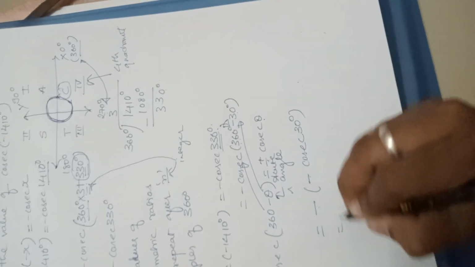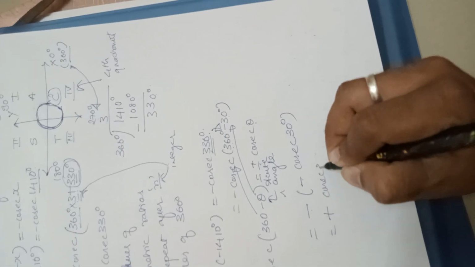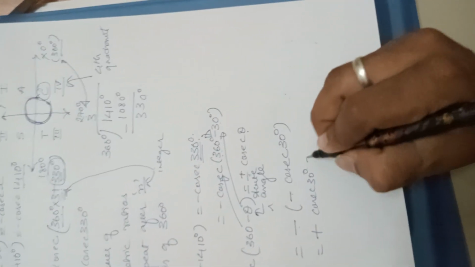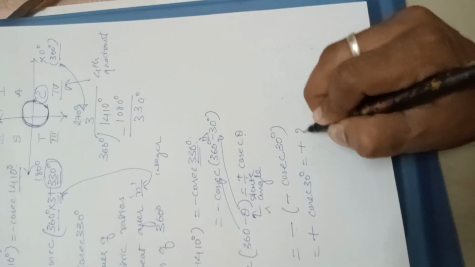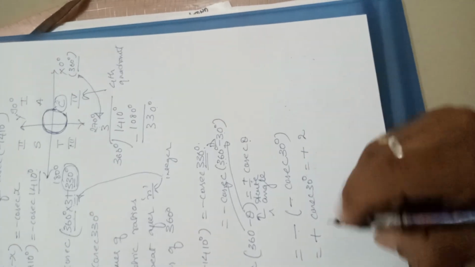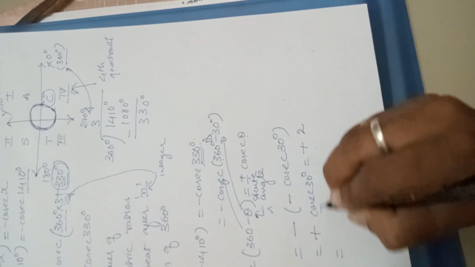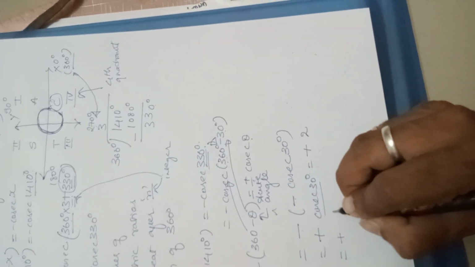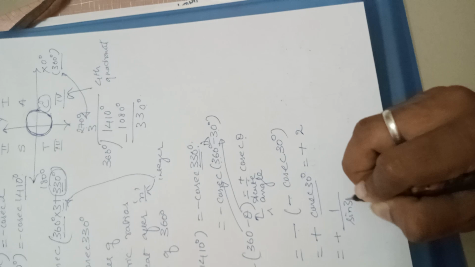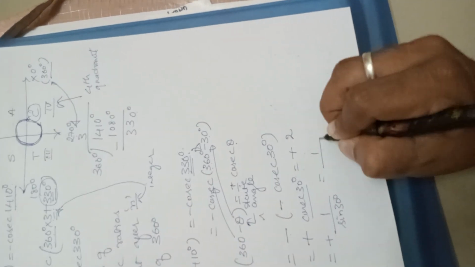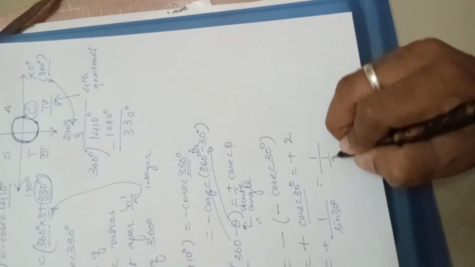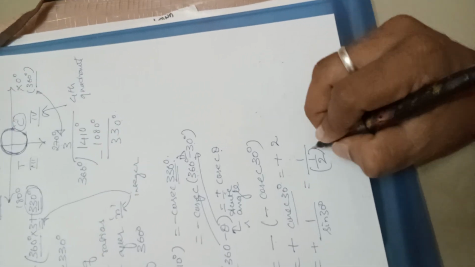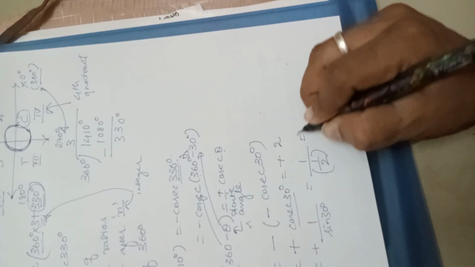So minus into minus is plus, so cosecant 30 degrees. If you know the value of cosecant 30 degrees directly as plus 2, we can just write it as 2 here. Or if you don't remember the value of cosecant 30, you know that cosecant 30 can be written as 1 by sine 30, and sine 30 is 1 by 2. So 1 by 1 by 2 will give us 2 again.